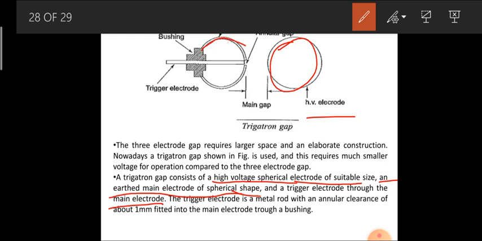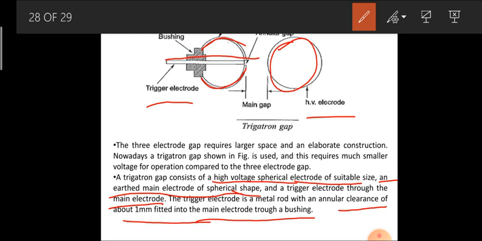This is an earthed electrode, and this is my third electrode, which is the trigger electrode. So there are again 3 electrodes. The trigger electrode is a metal rod with an annular clearance of about 1 mm fitted into the main electrode through a bushing. You can see the bushing.